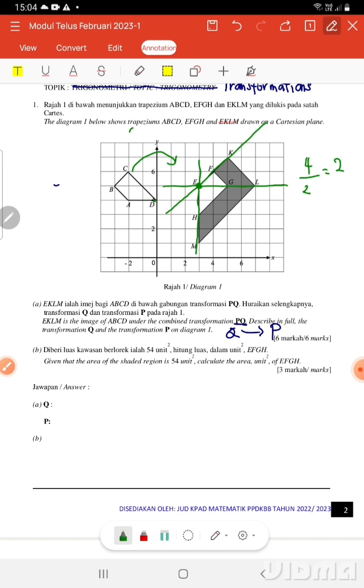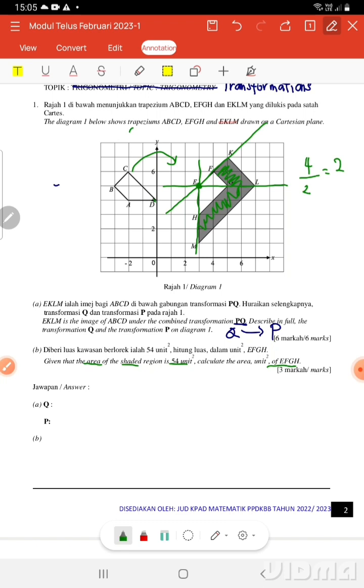The next question, question B. Given that the area of the shaded region is 54 unit, calculate the area of EFGH. If you see, the shaded region is here, and the area EFGH is here.